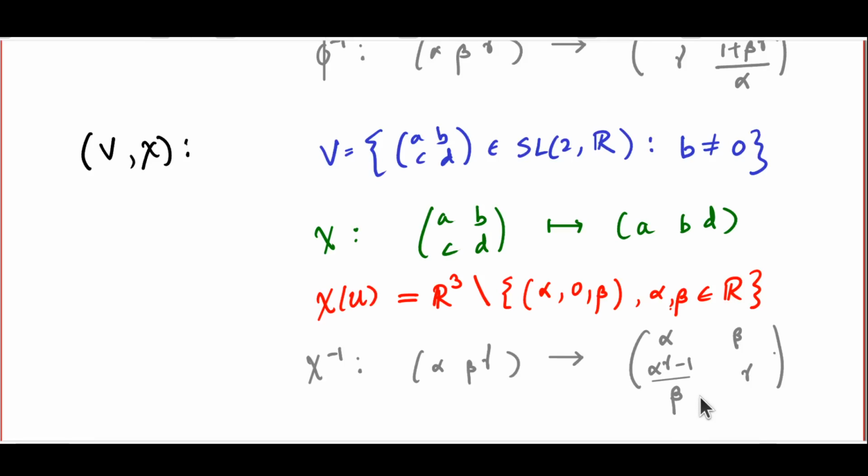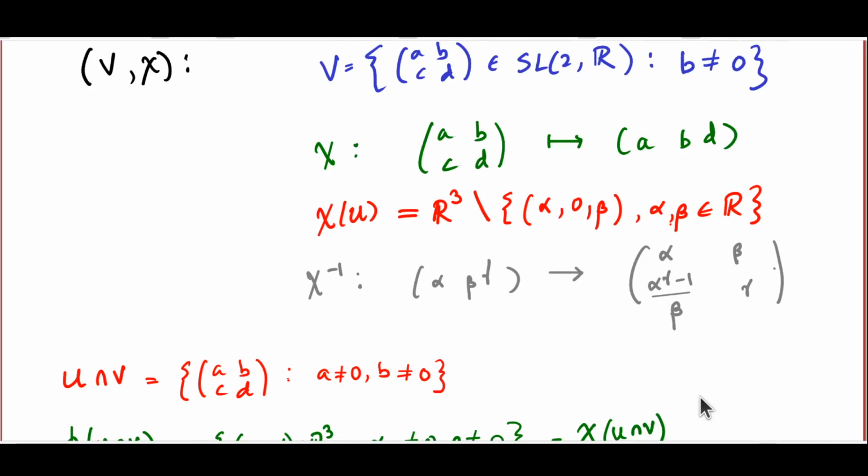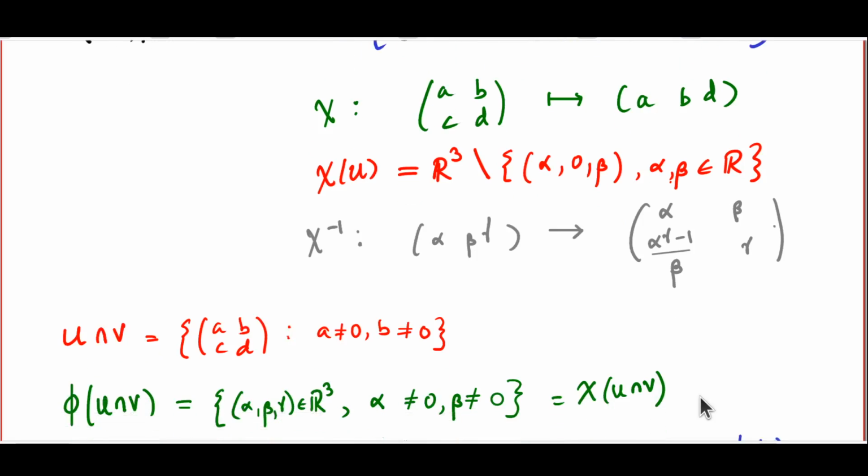So now we have two charts, and the intersection, U intersection V, is simply the set of all matrices A, B, C, D for which both A and B are non-zero. Let us now examine what form phi of U intersection V and chi of U intersection V takes.